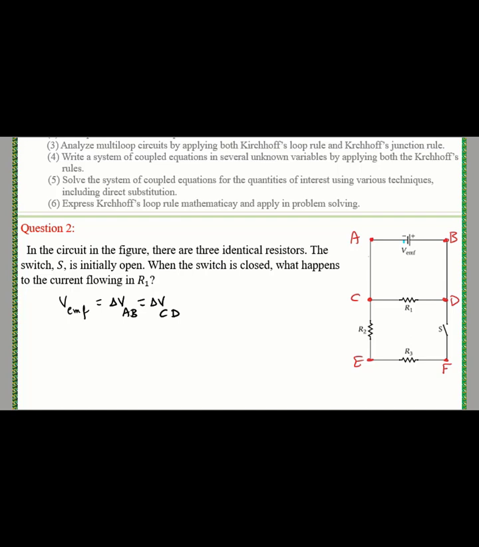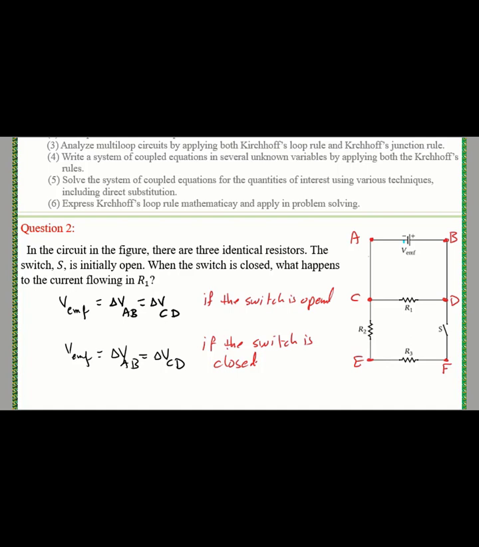Now, this is if the switch is open. Now, if the switch is closed, nothing will happen to this fact. The EMF equals delta VAB equals delta VCD.